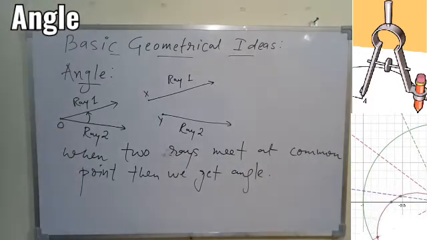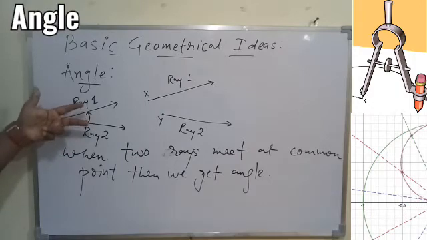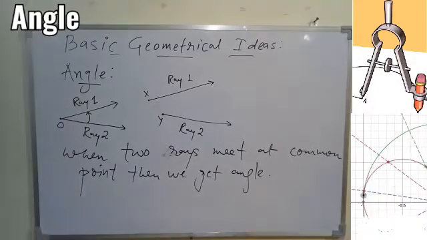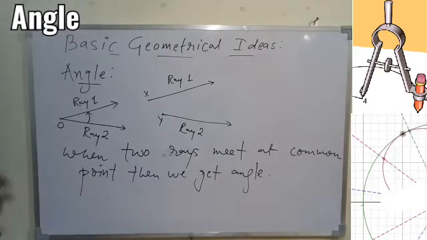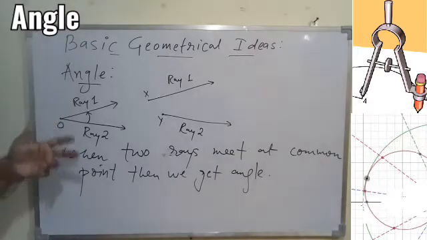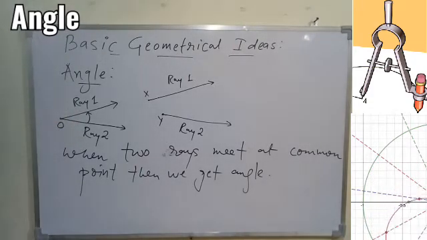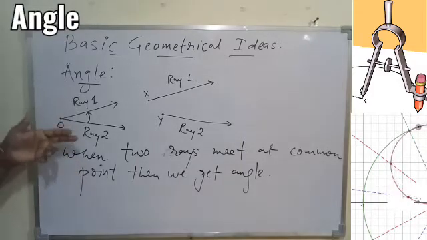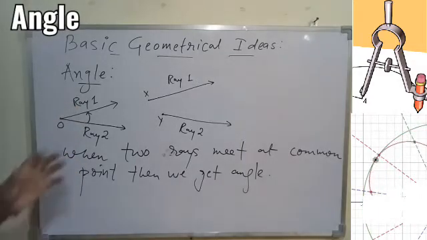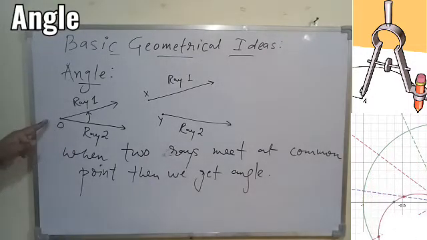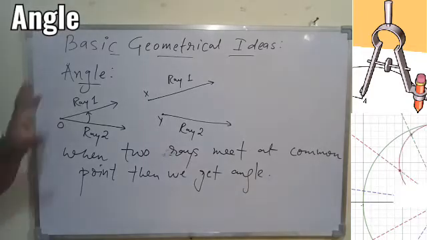Between the ray 1 and ray 2 you see some gap, and this gap can increase or decrease. The gap we are talking about is nothing but the angle. This will become clearer when we practice different questions, but till now we understood that if two rays meet at a common point, they form an angle. Between ray 1 and ray 2 the angle is this much. So it is the space between the two different rays, but the rays must meet at a point. So this is one concept.